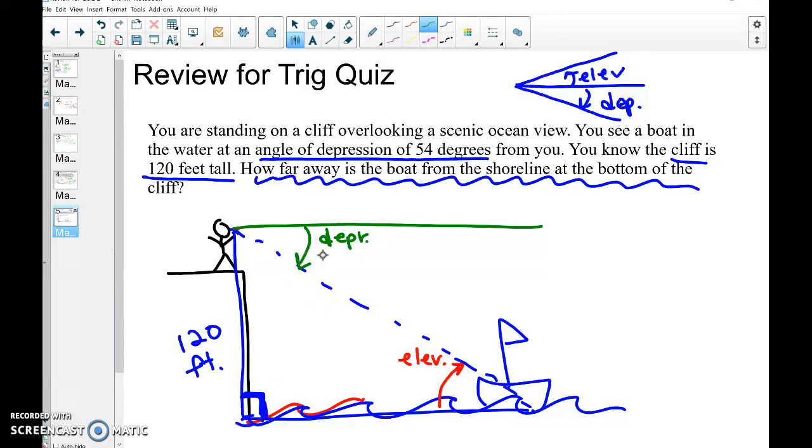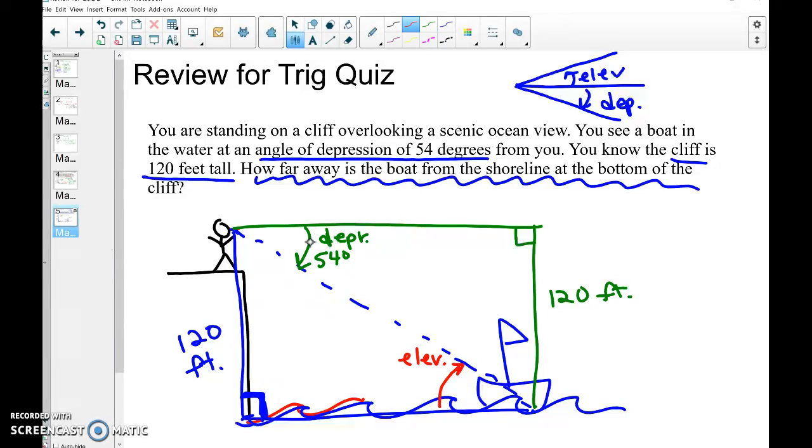Okay, now if you remember correctly, there's a couple ways you can go about solving this. You can use this triangle and make a second 90-degree triangle and just solve from there. The 120 would, of course, flip over on the other side. You can also remember the fact that angle of depression and angle of elevation are congruent to each other.